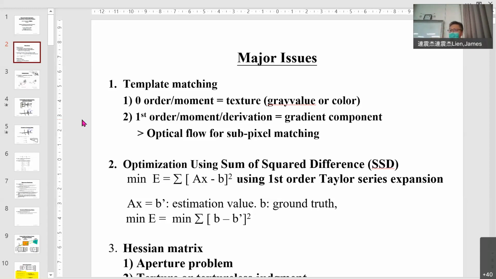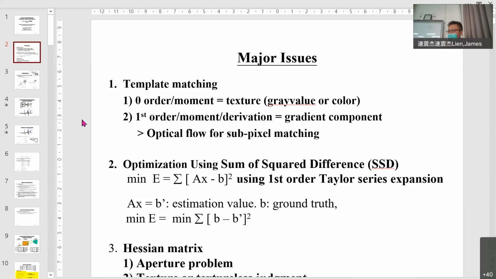In order to find the target in the next frame by searching a small region, we need to do prediction. So tracking includes prediction between two frames. Detection, you don't need to do prediction.